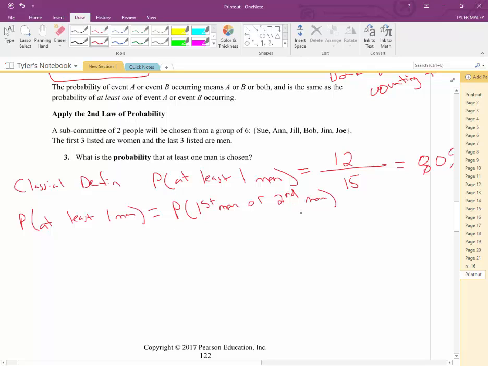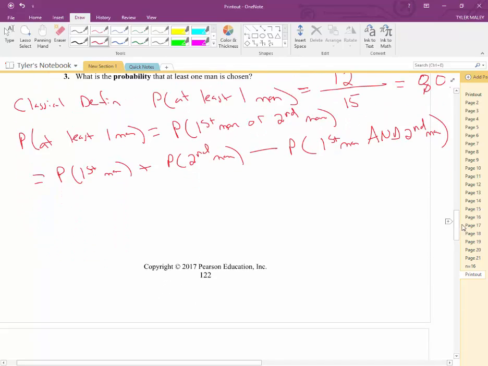Using this equation, I get the probability that the first is a man plus the probability that the second is a man, and then I have to subtract off the probability that the first is a man and the second is a man, because we don't want to count that twice.